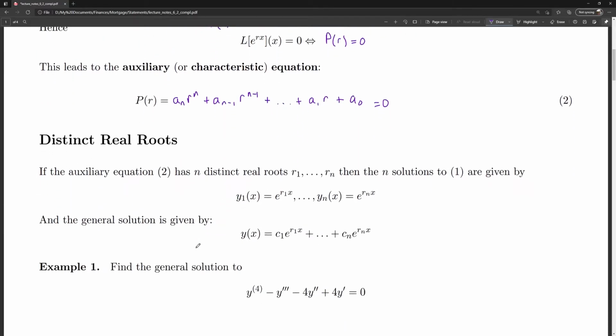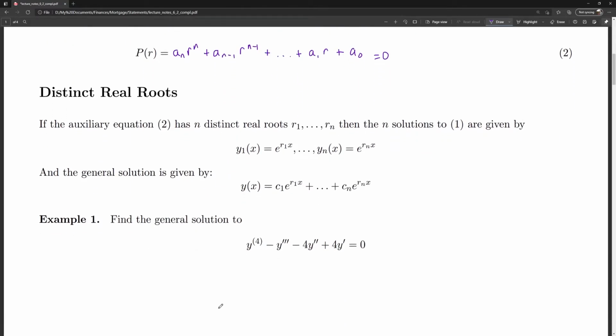One of the cases is if the auxiliary equation has n distinct real roots r1 through rn, then the n solutions to the original differential equation are given by y sub 1 equals e to the power r sub 1 times x, up to y sub n of x equals e to the power r sub n times x.